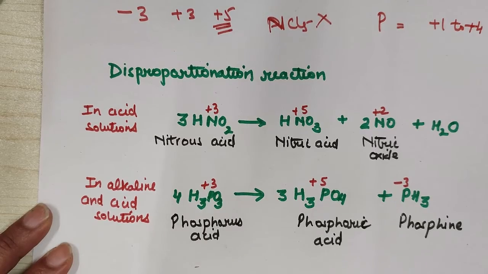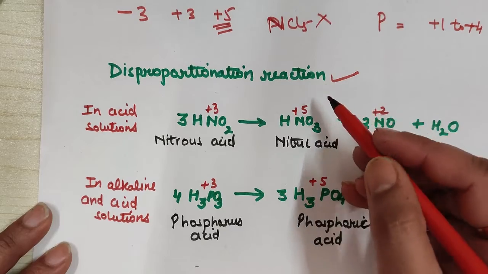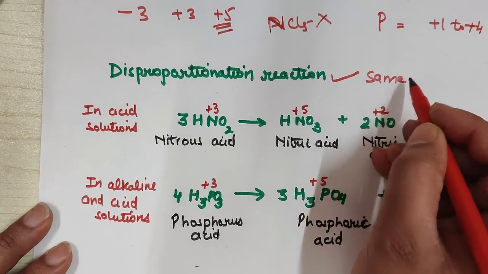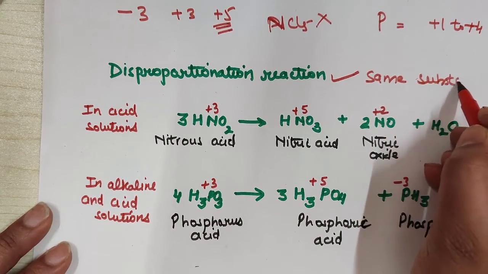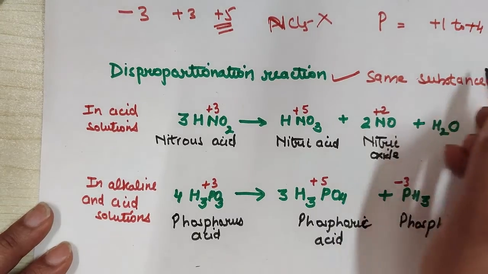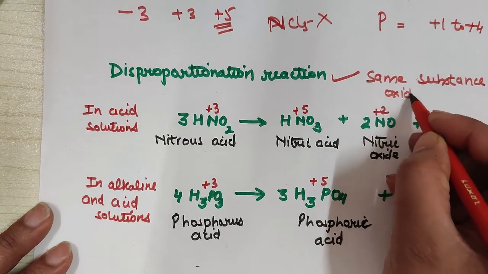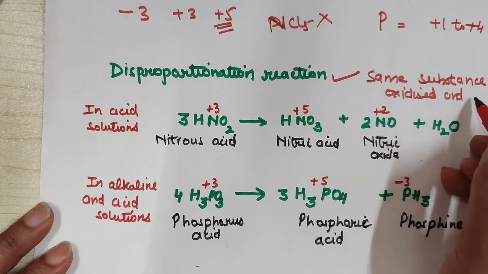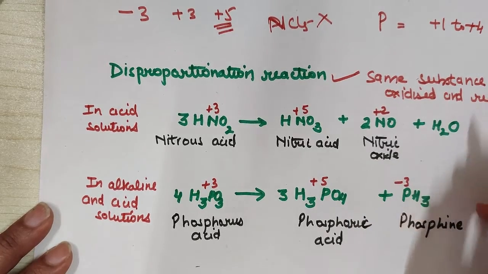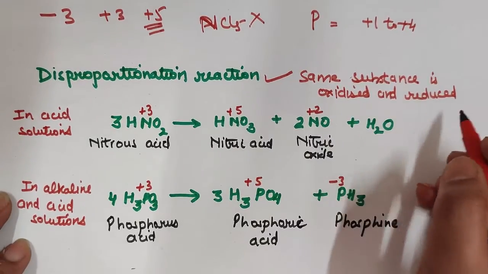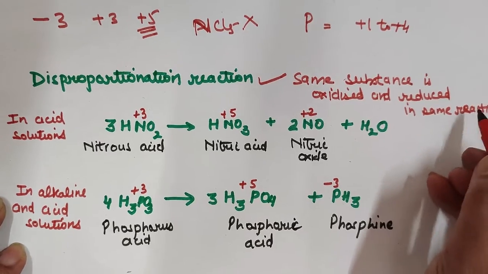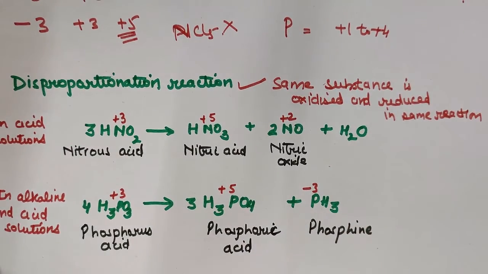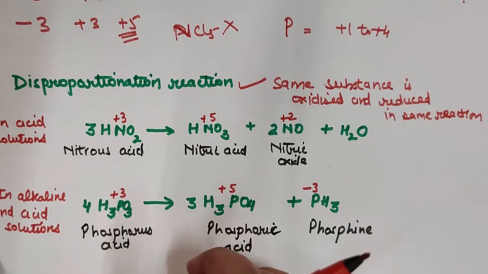But there are some redox reactions known as disproportionation reactions, where the same substance or same element is oxidized and reduced in the same reaction.